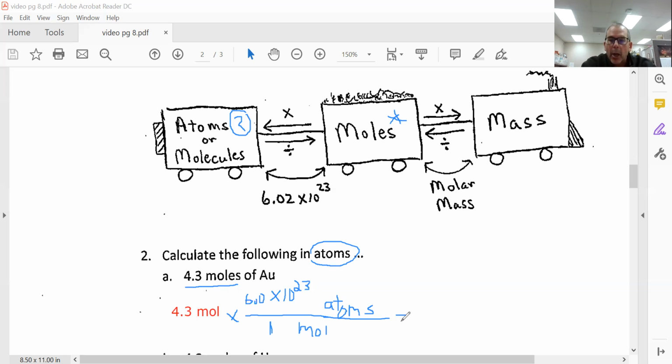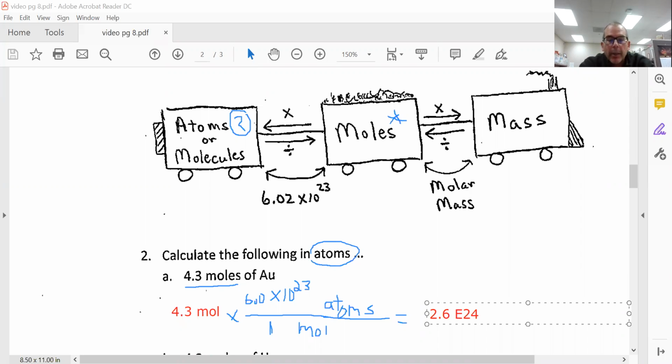Okay, I'm going to calculate that out and get an answer. I think I get something like 2.6. And sometimes you'll see this on your calculator as E, and it's going to be 24.